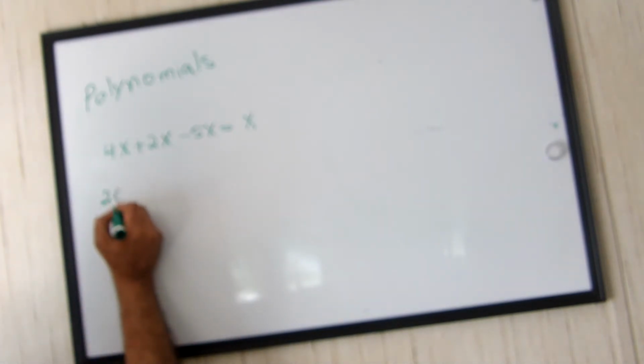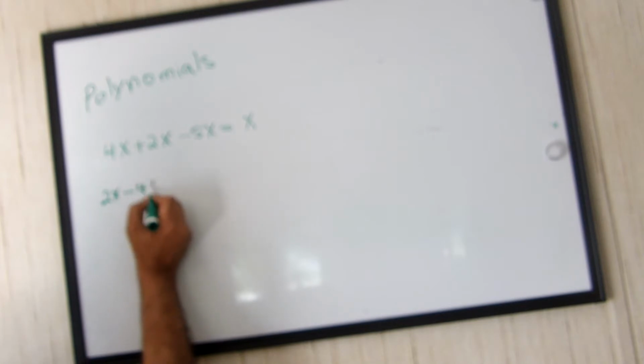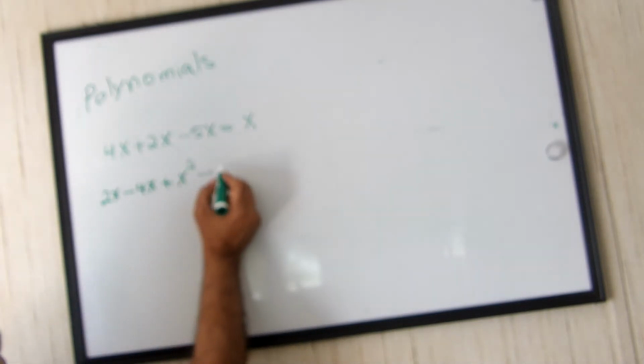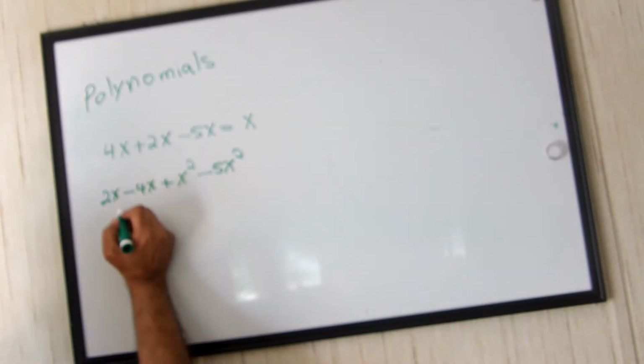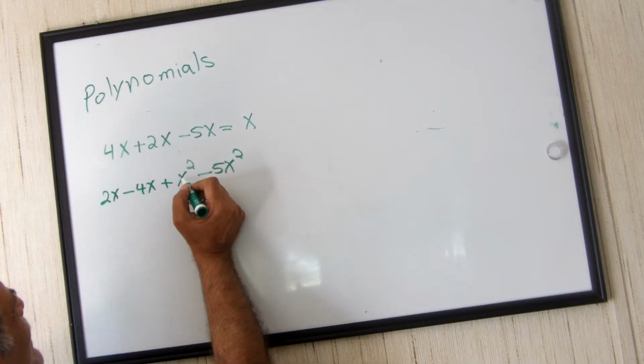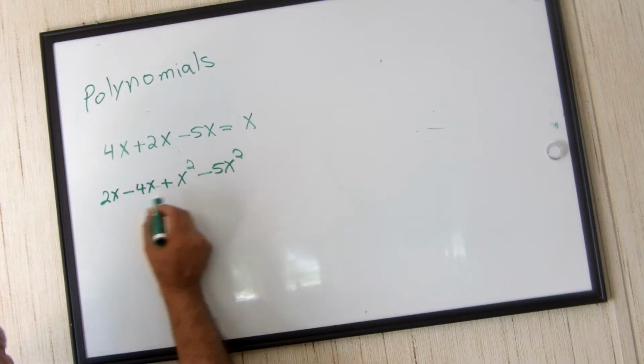Or if you have something like this, 2x minus 4x plus x² minus 5x². The result is going to be, see, like this is another variable, that has a different power. We can add these together.